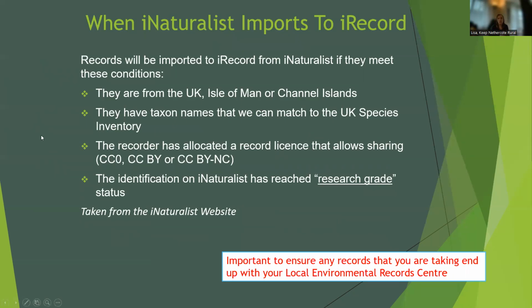As I mentioned briefly earlier, anything that you enter into iNaturalist, under certain circumstances, will import through to iRecord, but it still needs to be verified in iRecord before it would go further.